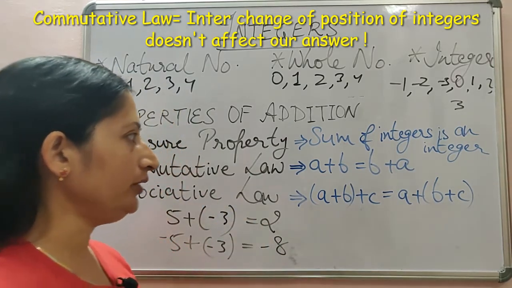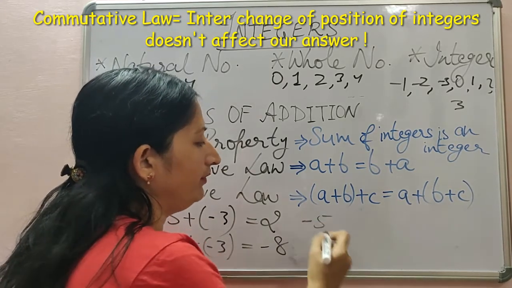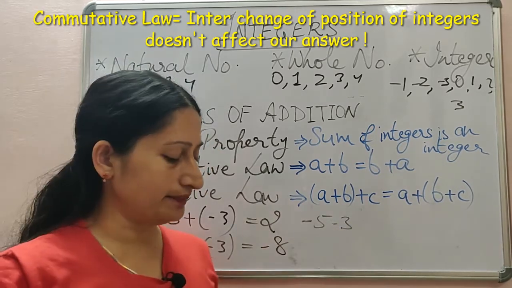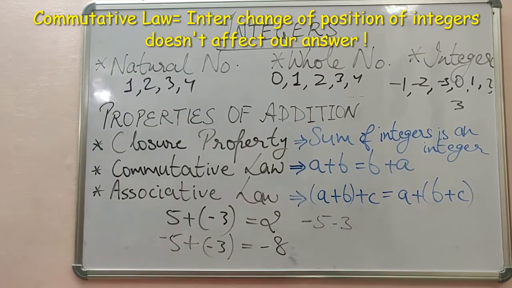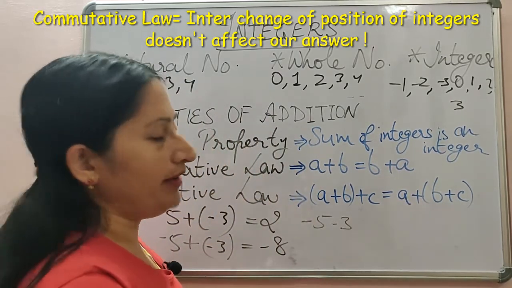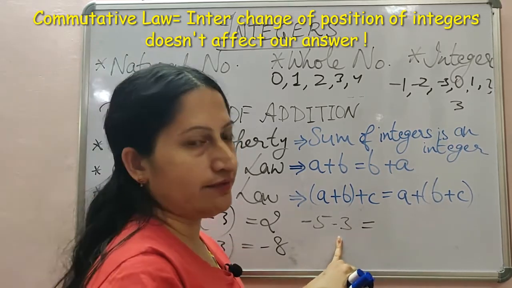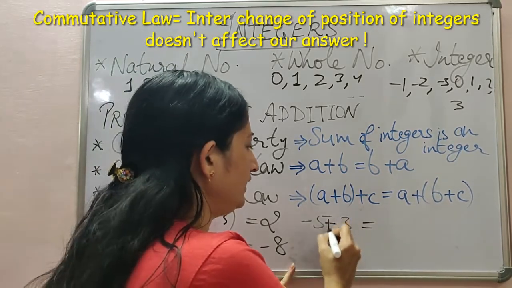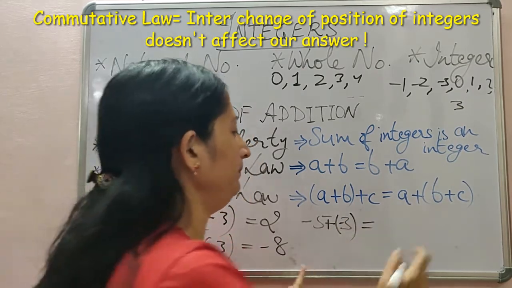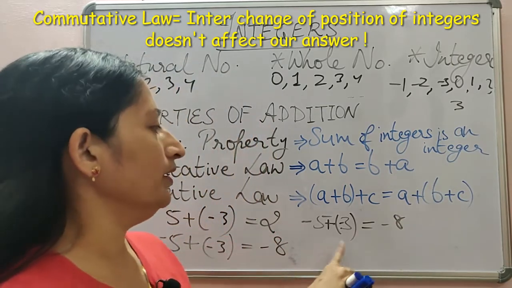So I am taking two integers, -5 and -3 again, like in the previous case. Let's see what will happen when I add them. It is -5 plus -3, so it will become -8, as I have shown you here also.